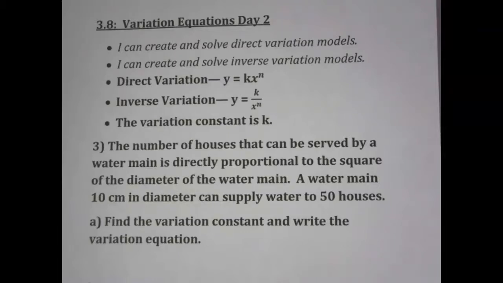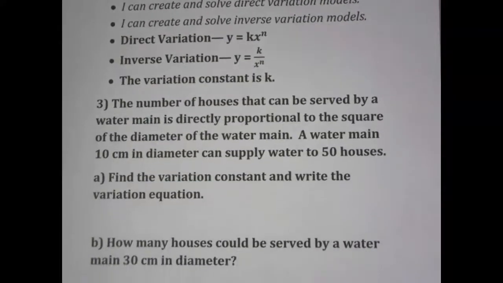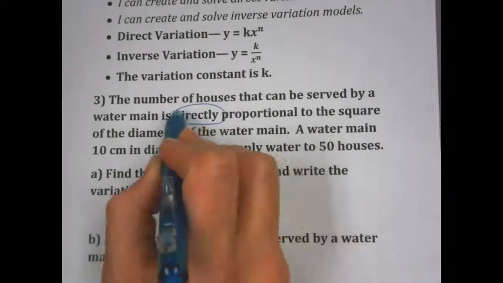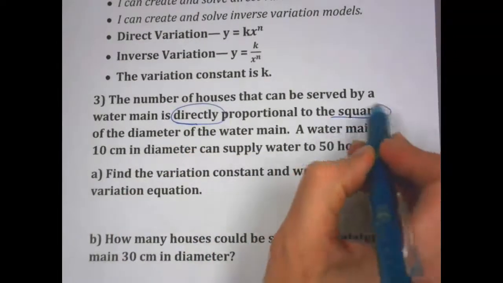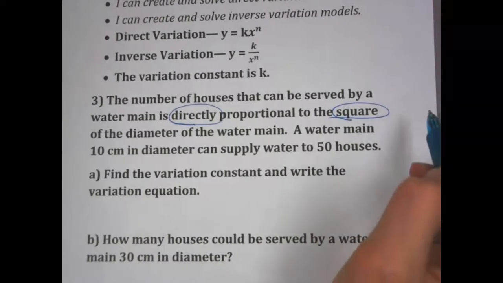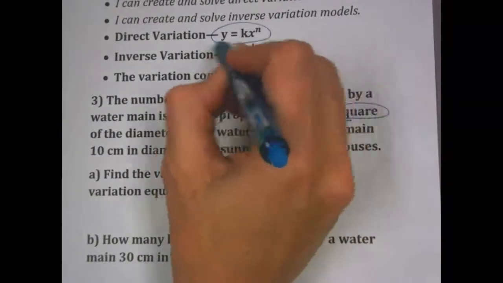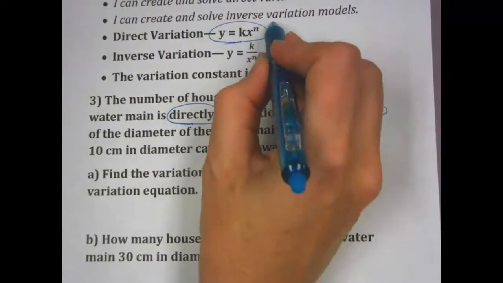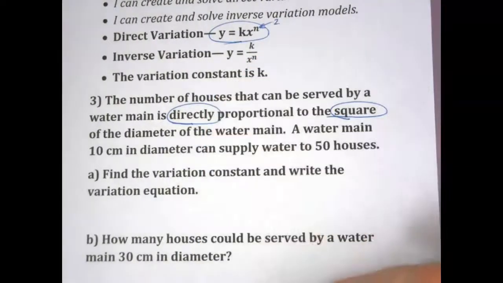All right, so hopefully you did that. As I read through this word problem here, I see that it is directly proportional to the square. So those two things are going to be important with the equation that I choose. Direct tells us to use this first equation up here and tells us that our exponent is going to be a 2.